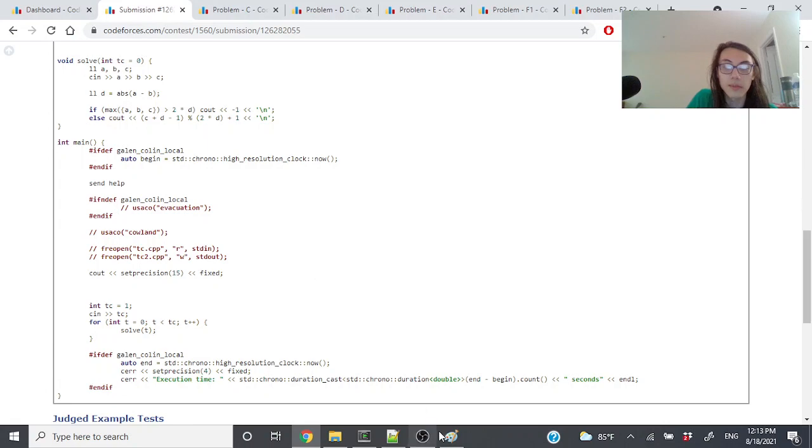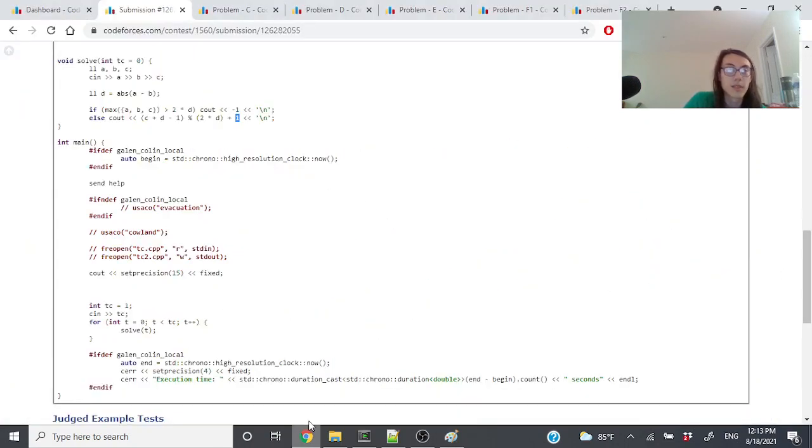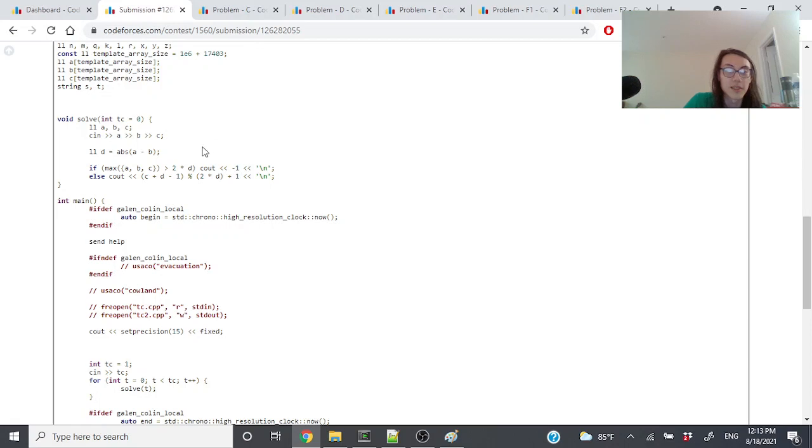If the maximum is greater than n, which in this case is 2 times half of n, then the answer is -1 because it's invalid. Otherwise, we subtract 1 to zero index c, then mod it by n, and then add 1 again to make it 1 indexing. Because they couldn't label them 0 to n minus 1 because they hate us. That's the vibe I'm getting, that the setters hate us.